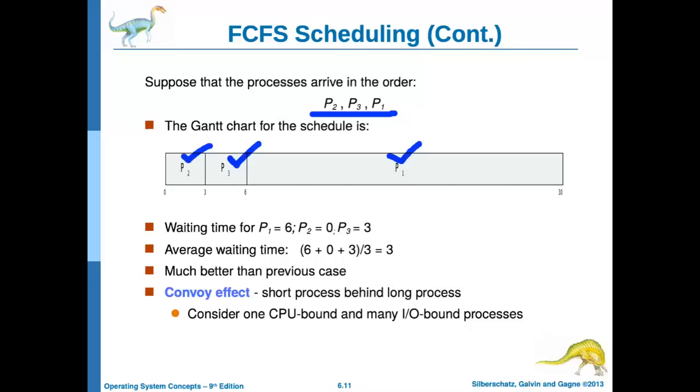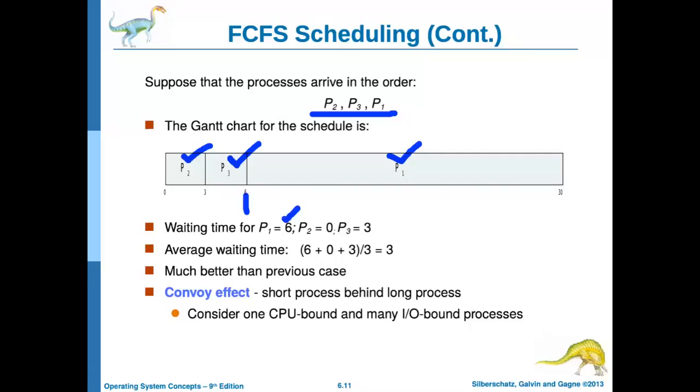So the waiting time for P1, now we need to see. P1 is scheduled at time unit 6 and it arrived at 0. So 6 minus 0 gives me 6. One most important thing: for simplicity, I assume here all three processes arrived at time 0. That is the reason.